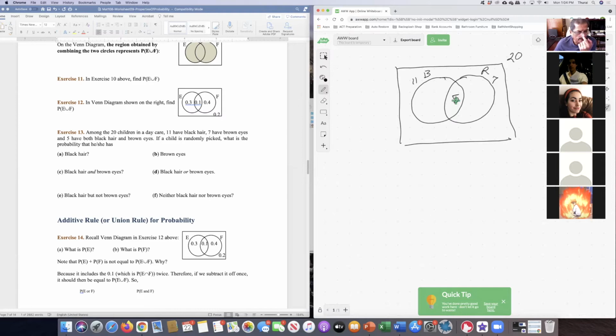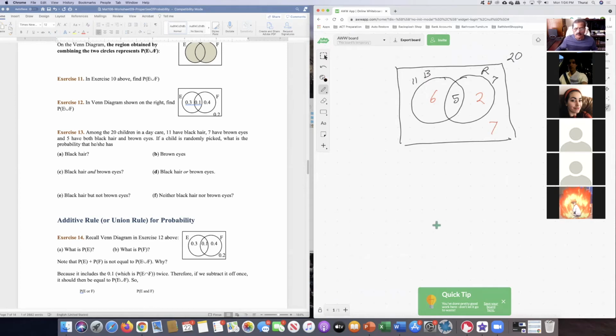What is the probability for all these? All right, so we need to figure out these sections. So the left side of B is 6, and the right side of R is 2, and we have to now calculate the outside. 7 outside. Okay, so with that, we are ready for the answers.